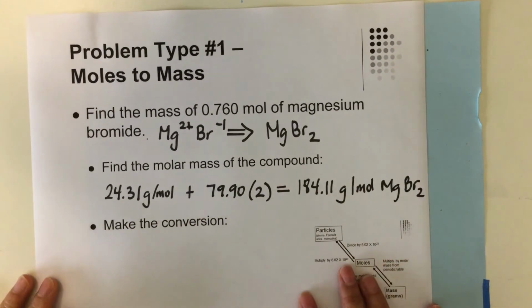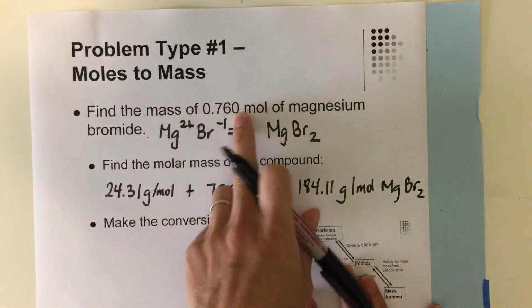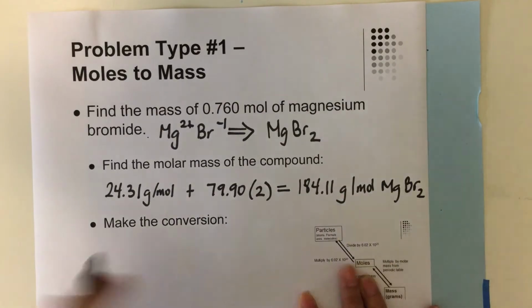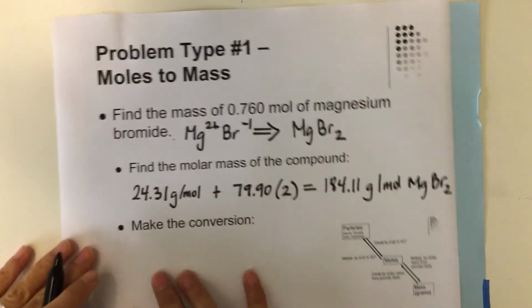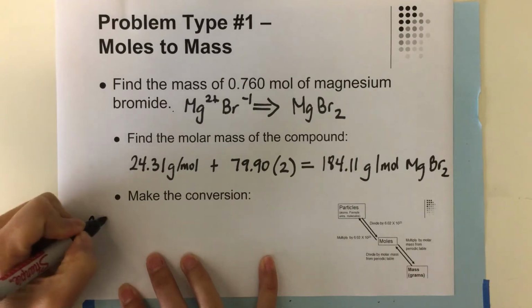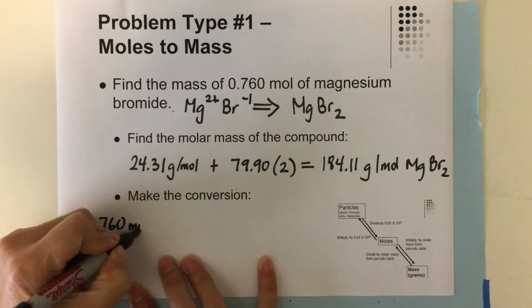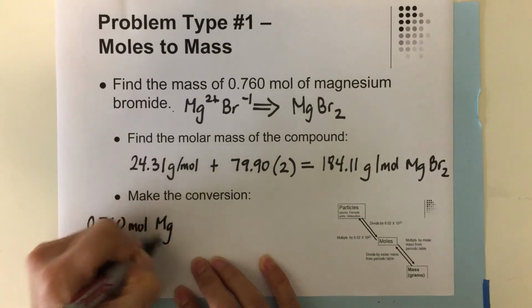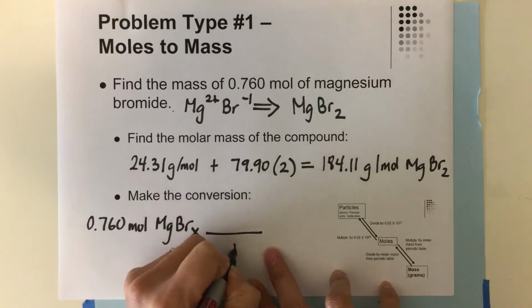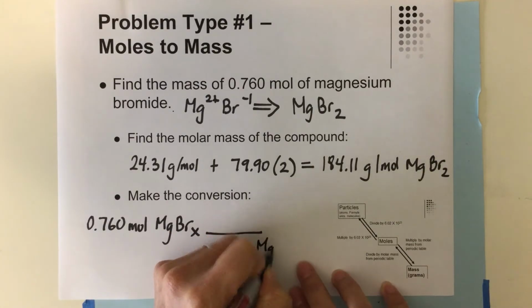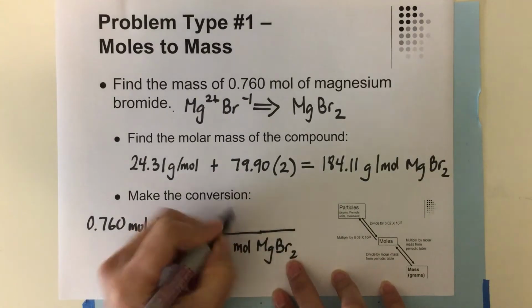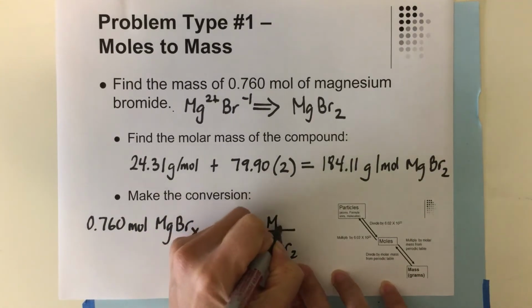So now let's make the conversion between moles to mass, and so we'll need molar mass. We start off with the given, which is 0.760 moles, and we're going to convert it to grams. So moles on the bottom of magnesium bromide, noticing I'm analyzing the units, and then grams on the top of magnesium bromide.